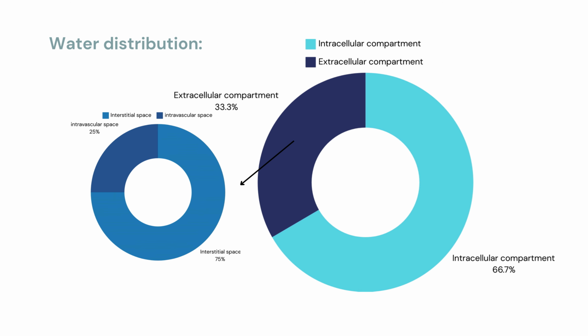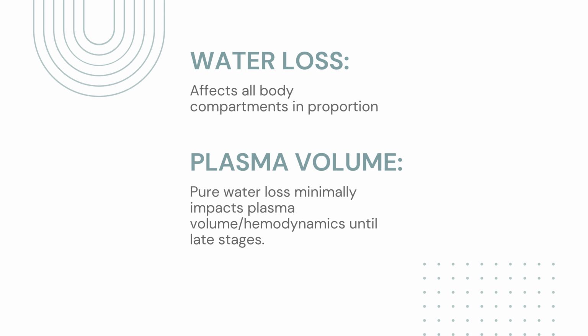In the extracellular compartment, 25% is only in the intravascular space and 75% is present in the interstitial space. Now, if we consider water loss, it affects all body compartments in proportions.